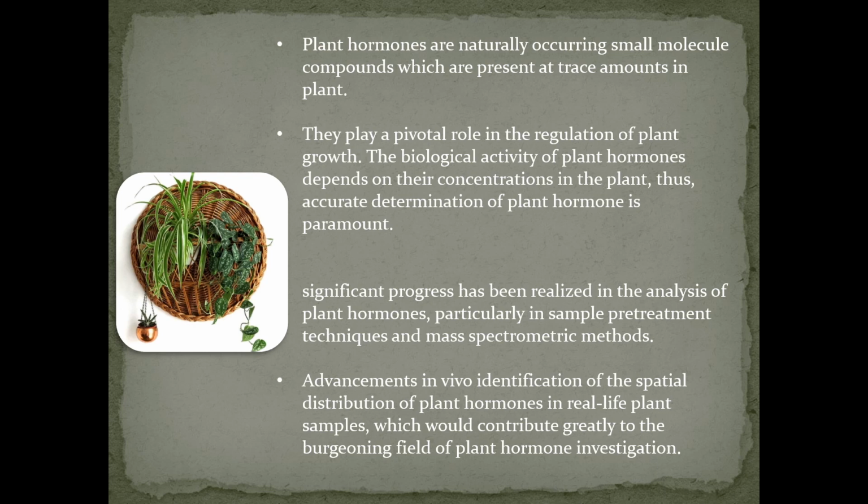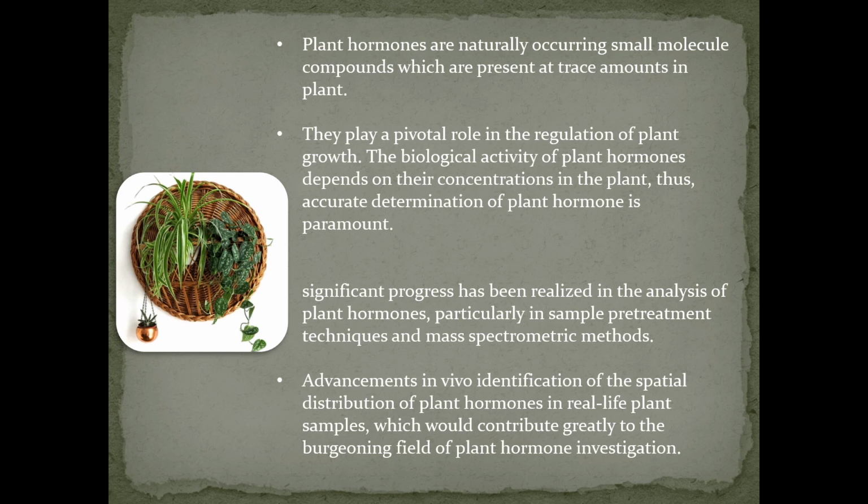Significant progress has been realized in the analysis of plant hormones, particularly in sample pre-treatment techniques and mass spectrometric methods. Advancements in identification and the spatial distribution of plant hormones in real-life plant samples have contributed greatly to the burgeoning field of plant hormone investigations.